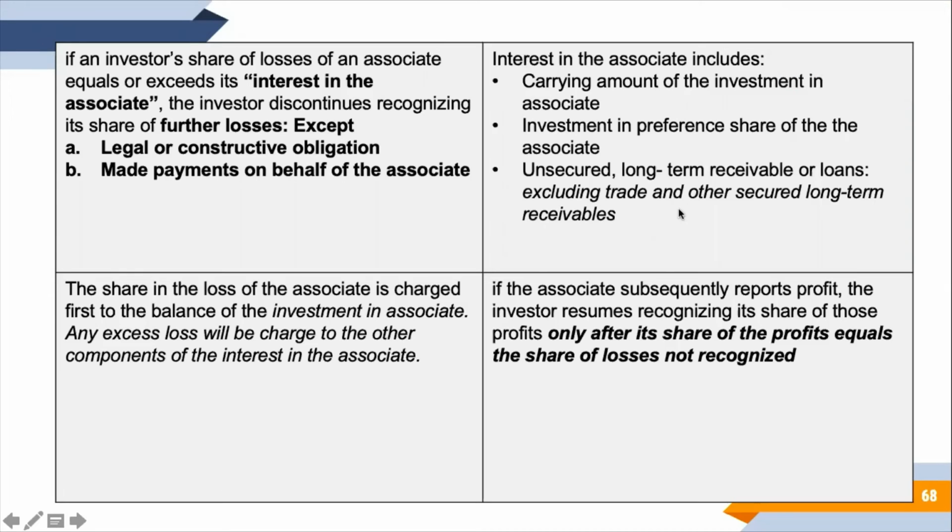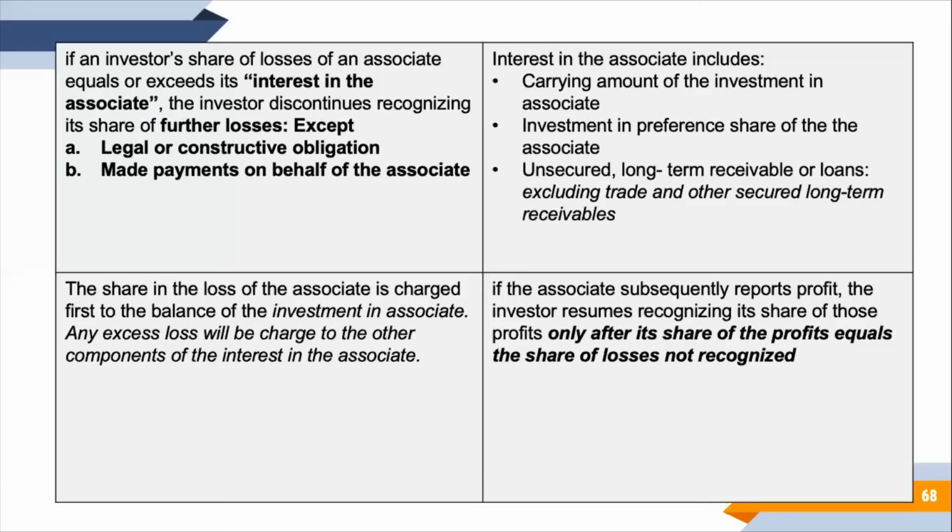But there is an exception. If the investor incurs a legal or constructive obligation or makes payments on behalf of the associate, then we will still recognize additional losses.